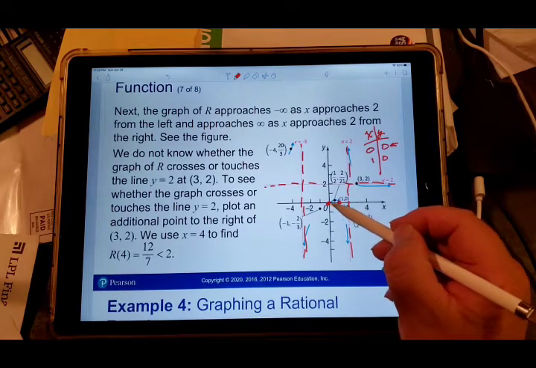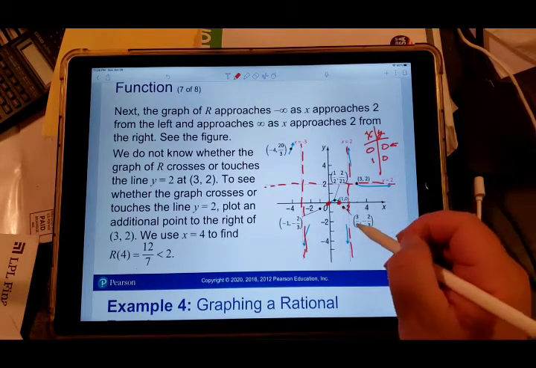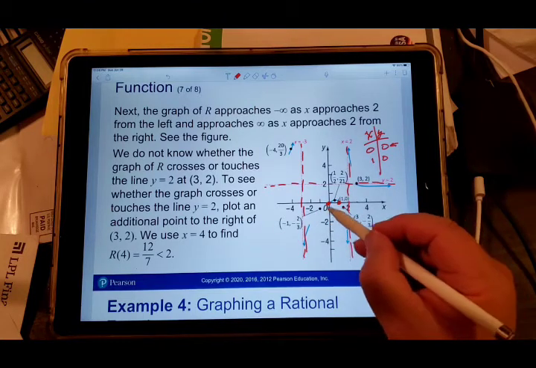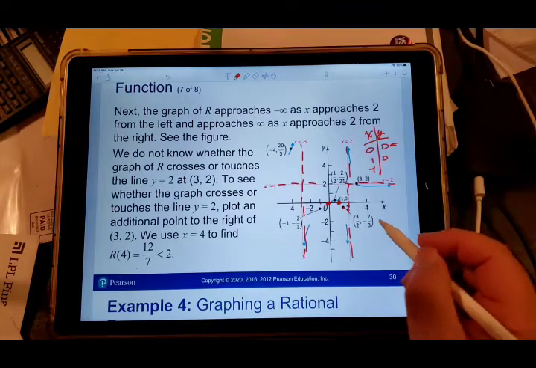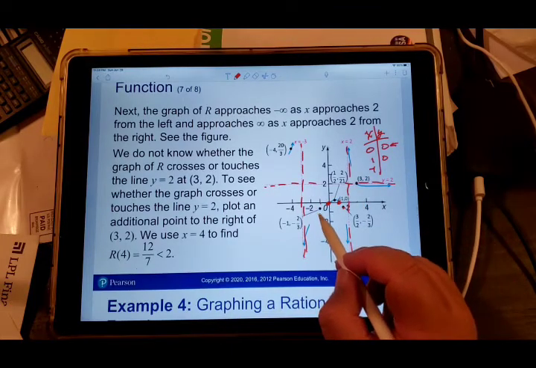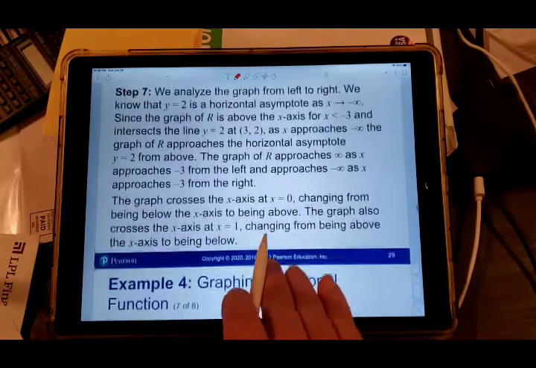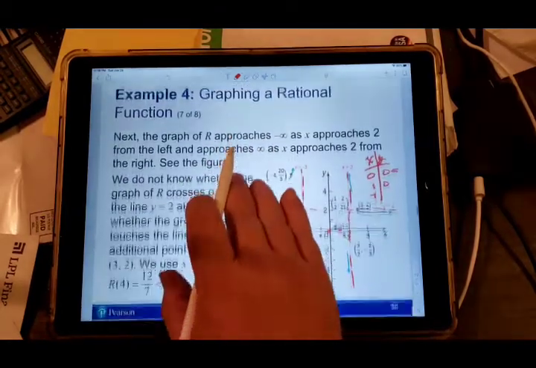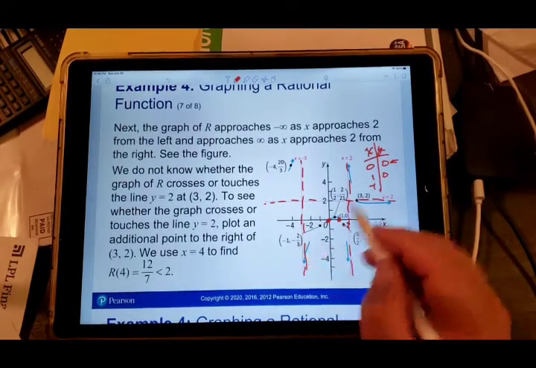So I need a little more information. So let's go ahead and, probably the most logical point, I think, would be to put in -1. If I put in -1, I would get, here it is, -2/3.